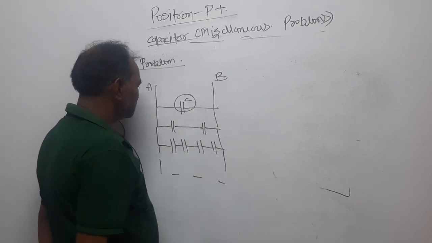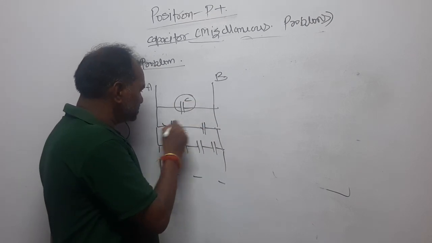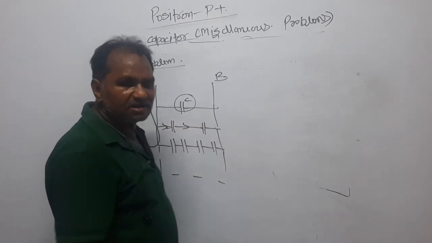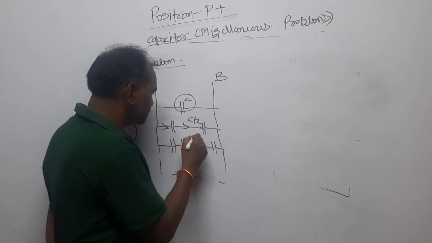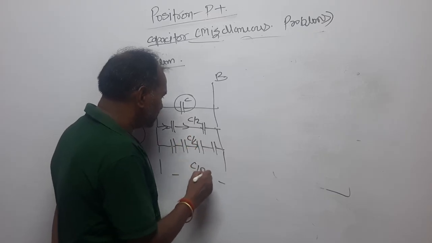It is C. These two are again in series combination. These two capacitors in this branch are in series combination, so it is C by 2. This is C by 4. Further, it would be C by 8 like this.